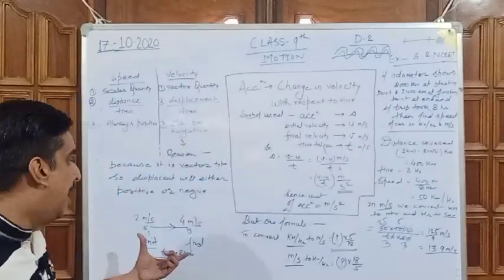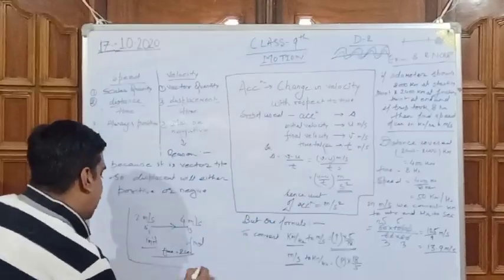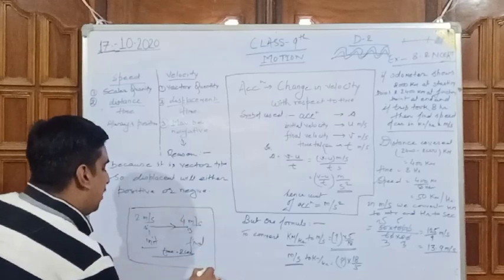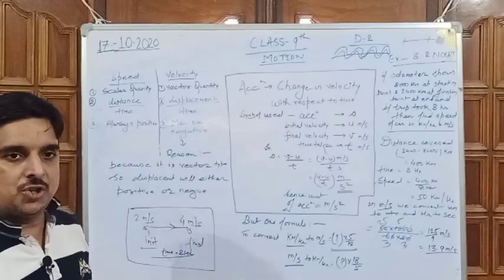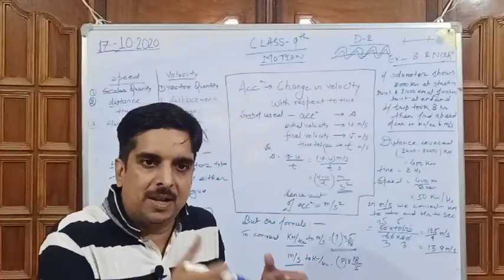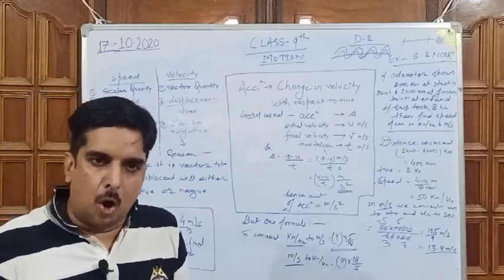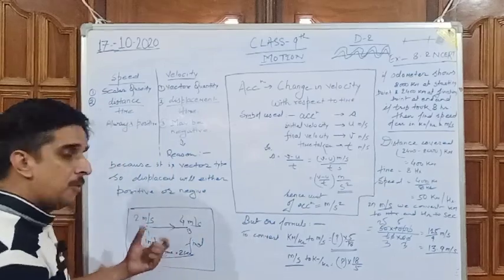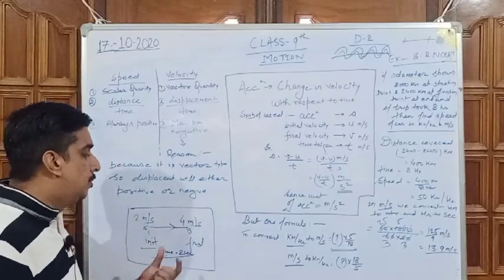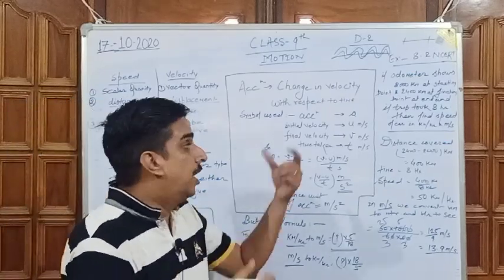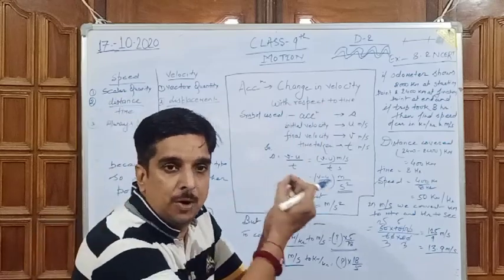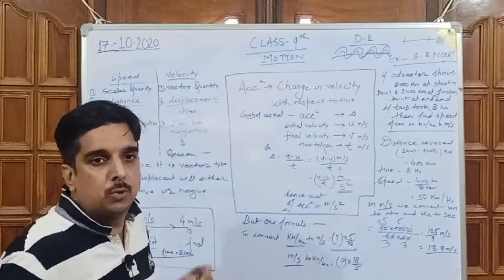Now on the basis of this, if someone asks you what the acceleration of the object is, what we will do, according to the definition, is change in velocity with respect to time.